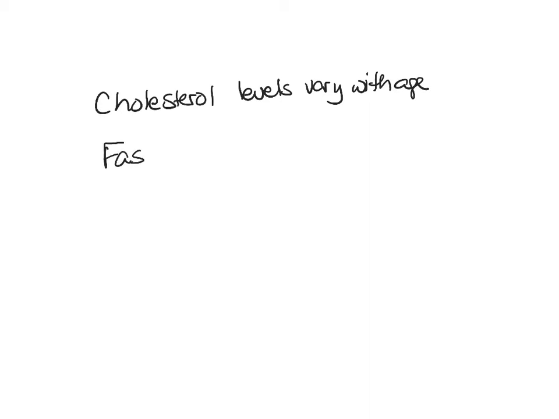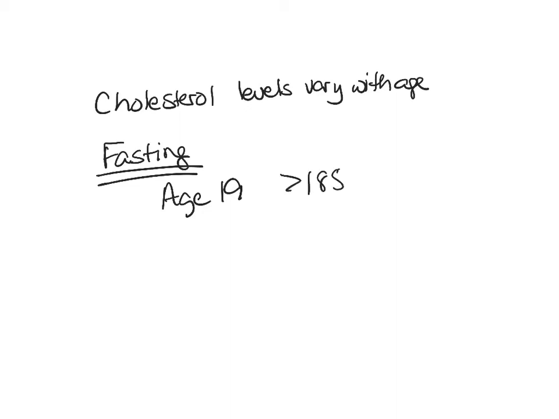Cholesterol levels in the body varies with age. If we look at a fasting cholesterol level, a person at age 19, anything over 185 milligrams per deciliter would be high.